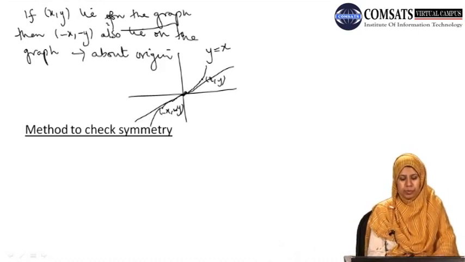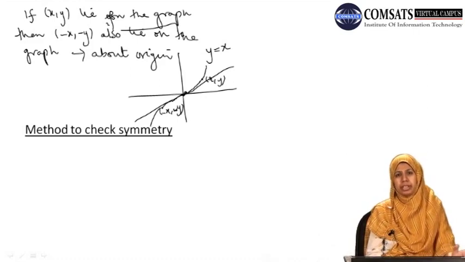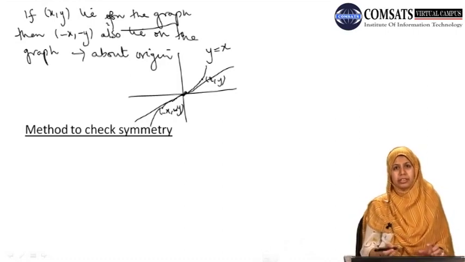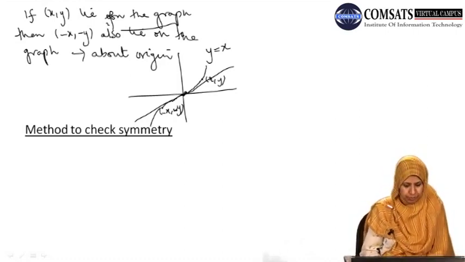So this is how we can determine whether the given graph is symmetric at all or not. If it is symmetric, what type of symmetry does it show? Y-axis symmetry, or symmetric about the x-axis, or symmetric about the origin. How can we find the symmetry of a given graph?